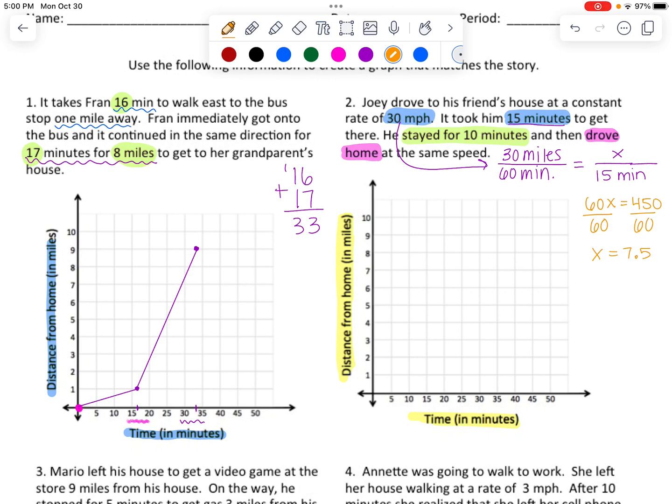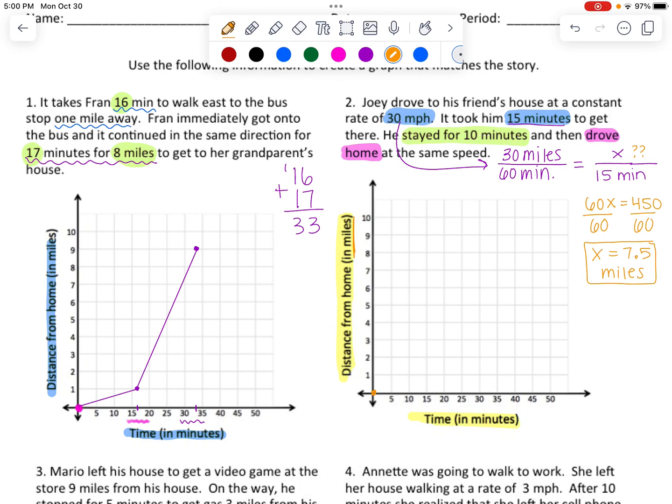Now, 7.5 what? Well, what's my label going to be for my numerator? Miles. Okay, once again, that's important because it's important to know whether the 7.5 is going to be going on our bottom x-axis or on the y-axis. And we know because it's miles that it's going to be going on the y-axis. So I'm always starting at home, 0, 0 in this example.